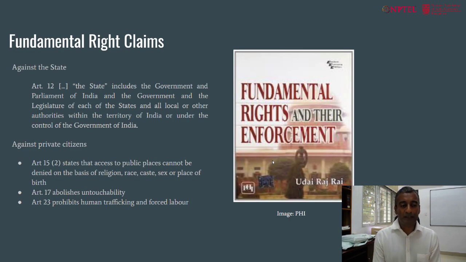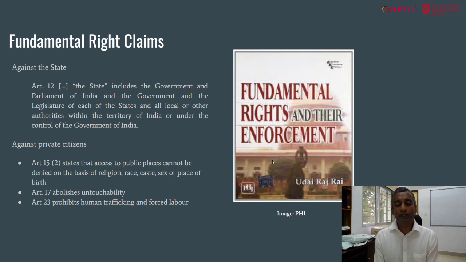Now, we had noticed that Article 12 of the Constitution primarily imposes an obligation on the state, which includes the executive branch as well as the legislative branch of the union and state government, as well as local and other authorities, to be bound by fundamental rights.